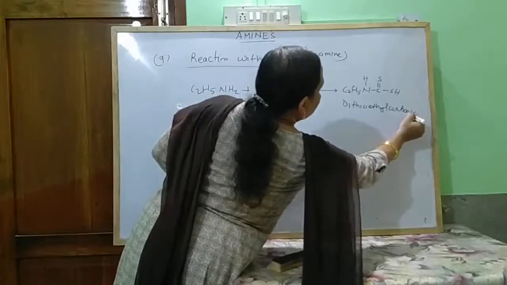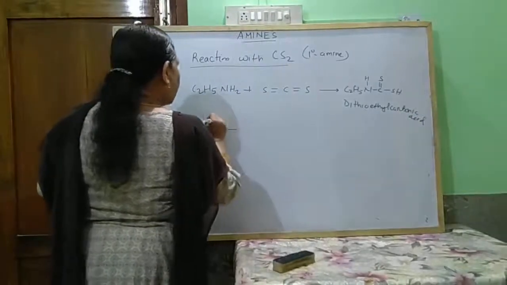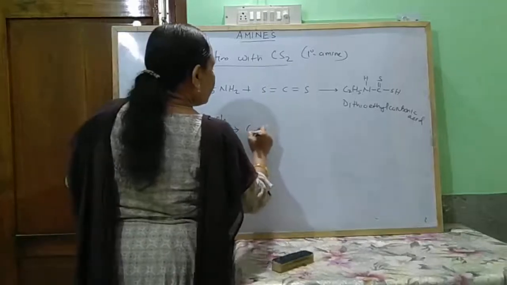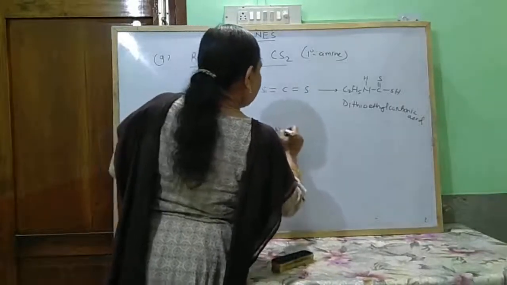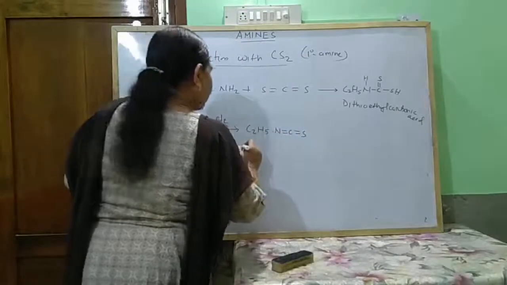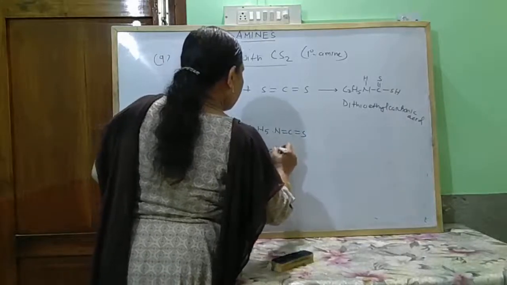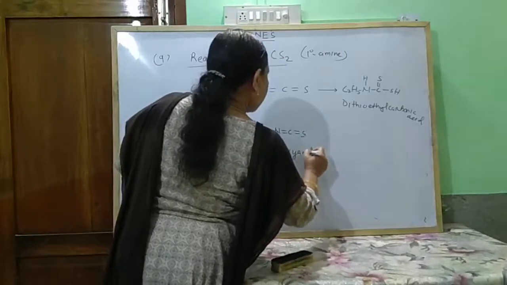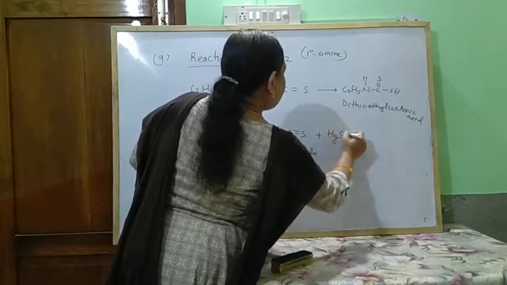This is known as dithioethyl carbonic acid, which is decomposed with HgCl2 to give C2H5NCS. This is ethyl isothiocyanate plus HgS.